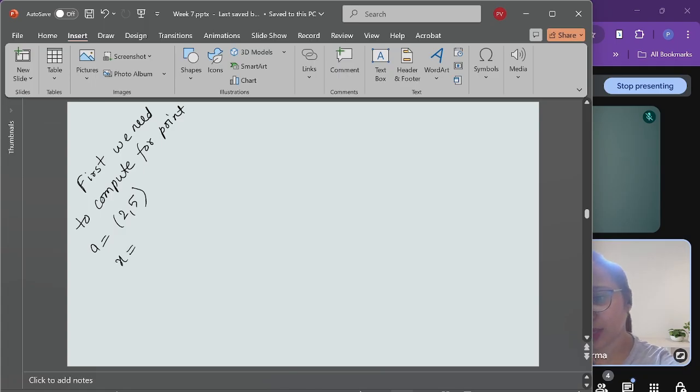So here x is equal to 2 and y is equal to 5. So here you will get c is equal to minus m2 plus 5, or we can write it minus 2m plus 5. This is the parameter space line for point A, which is 2, 5. Similarly, we need to compute for point B also.